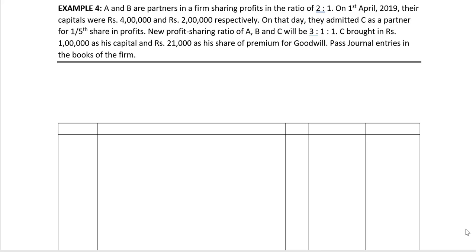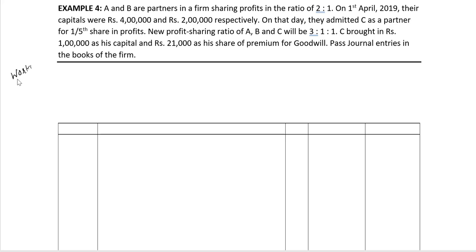The new profit sharing ratio of A, B and C will be 3 is to 1 is to 1. C brought in rupees 1 lakh as his capital and rupees 21,000 as his share of premium for goodwill. Pass journal entries in the books of the firm.